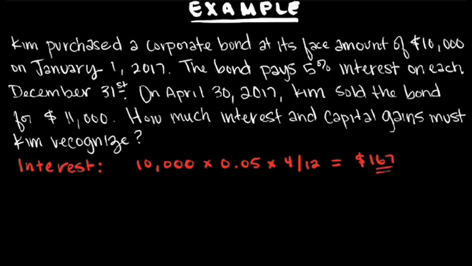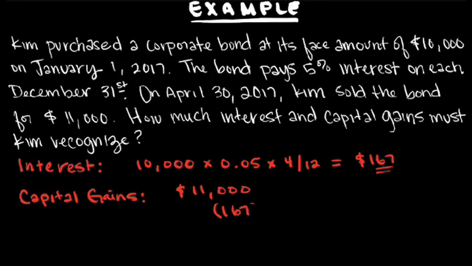Now let's go to the capital gains. To calculate the capital gain, we must first take what she received from the sale. So she sold it for $11,000. We have to reduce the amount of the sale by her interest of $167.